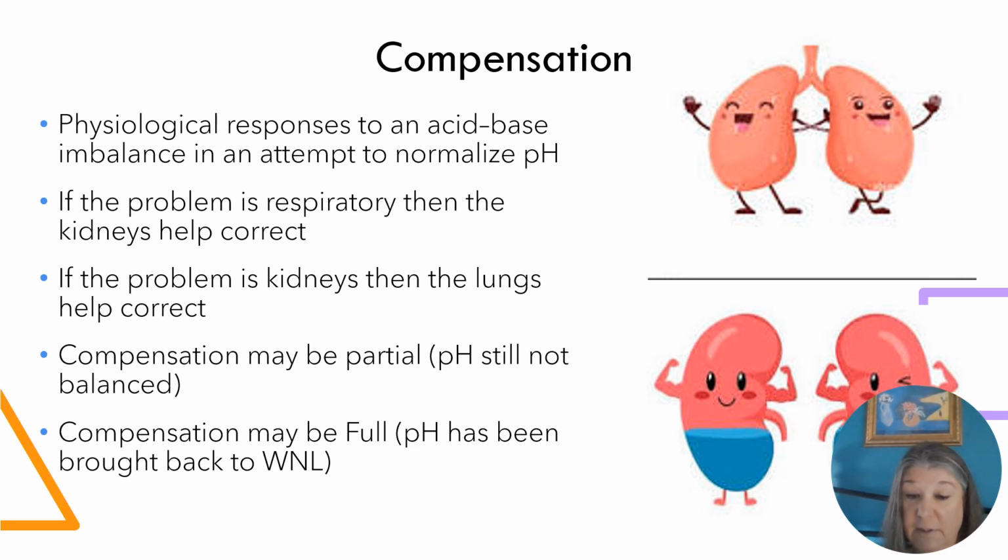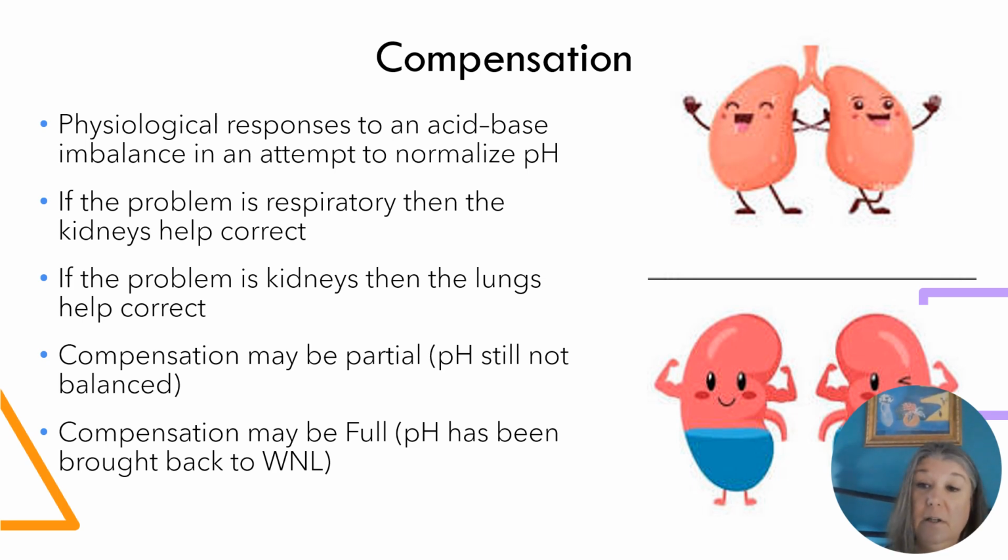Now, full compensation is when the two systems have worked hard enough to get that pH back within normal levels. The problem is, though, your CO2 and your bicarb are going to be out of range because your systems are working super hard to keep that pH in balance.